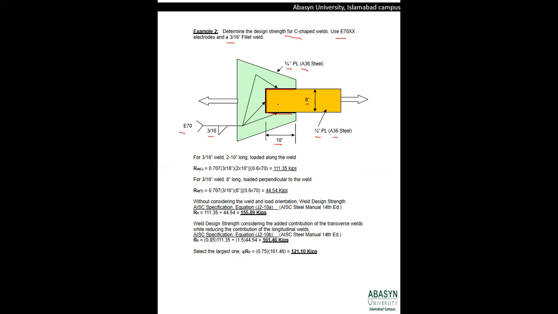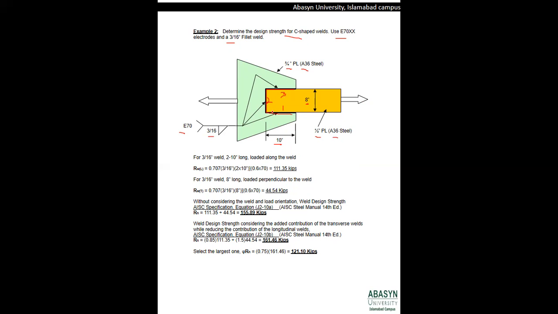So ultimately we have three welds: one, two, and three. One has a length of 10 inches, the second a length of 8 inches, and the third again a length of 10 inches. So we have two welds of 10 inches and one weld of 8 inches.